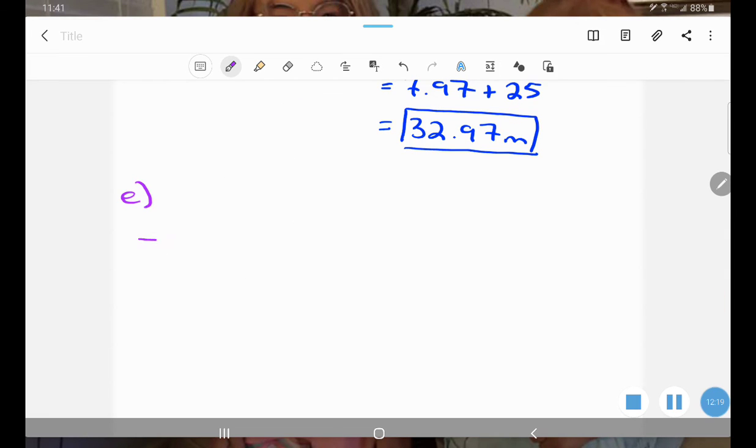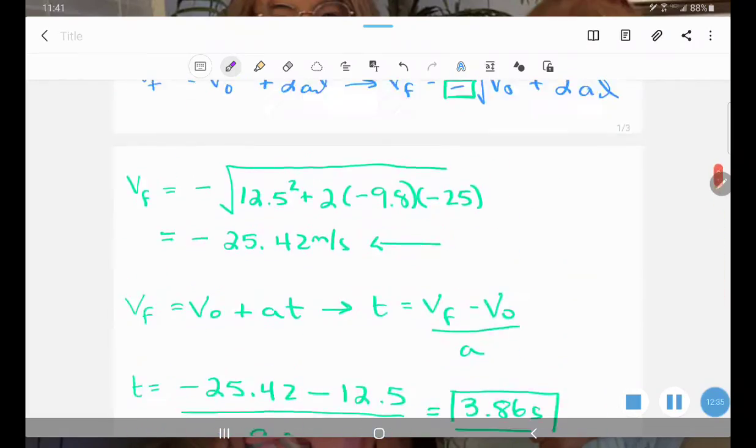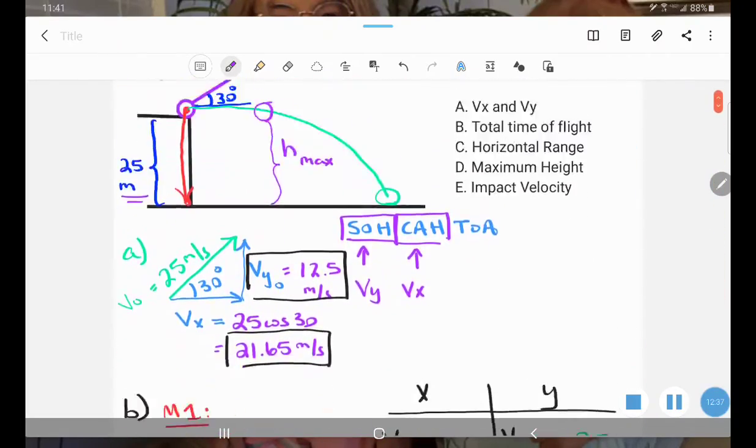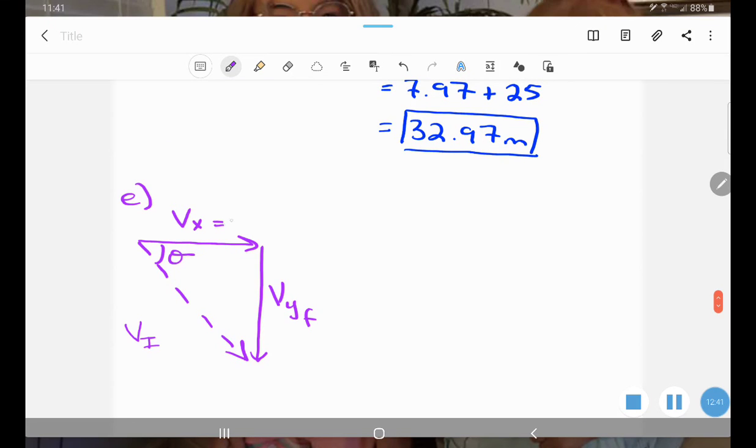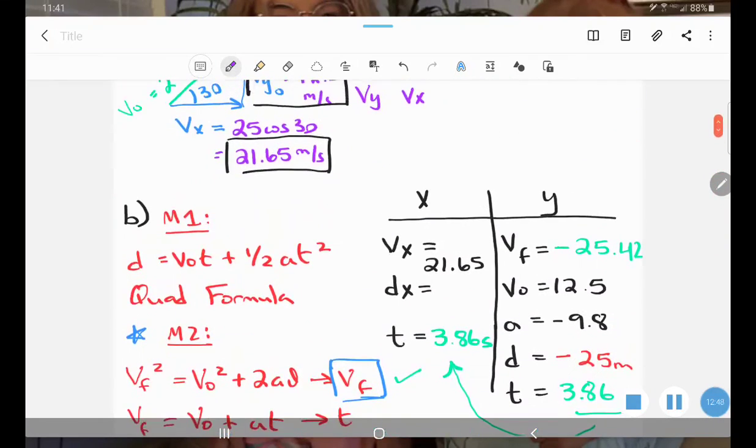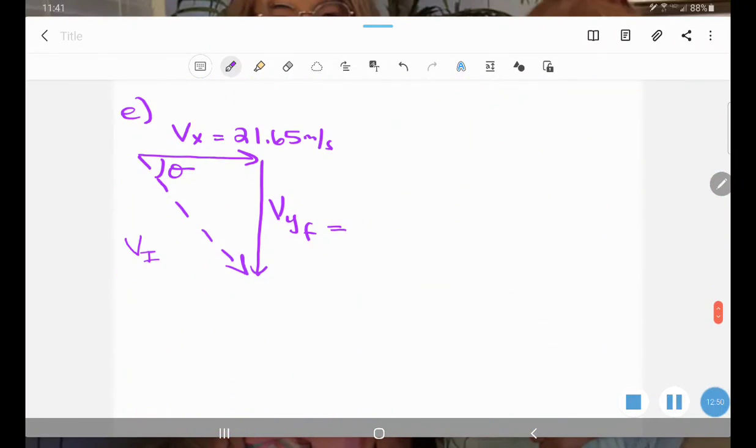So for impact velocity, guys, when the projectile hits, there is an X velocity, there is a Vy final, there is impact velocity, and there's theta. So Vx, guys, is 21.65. The final Y velocity we found is minus 25.42.